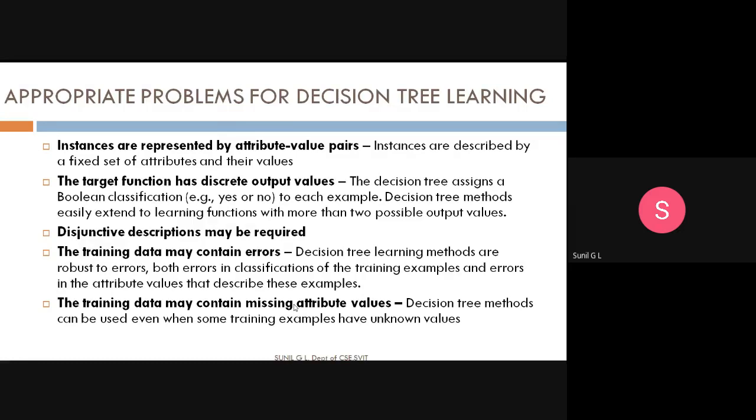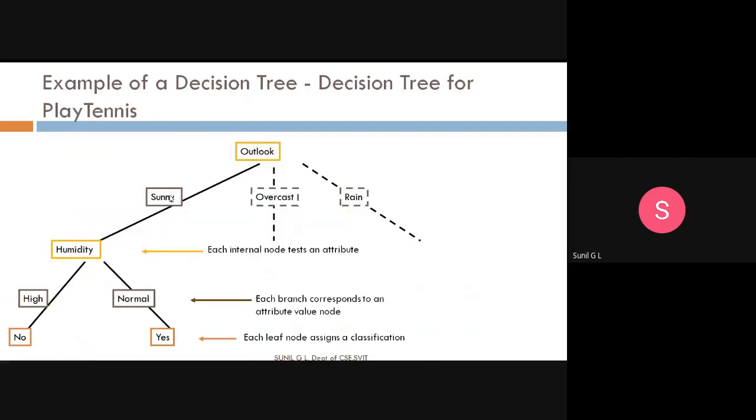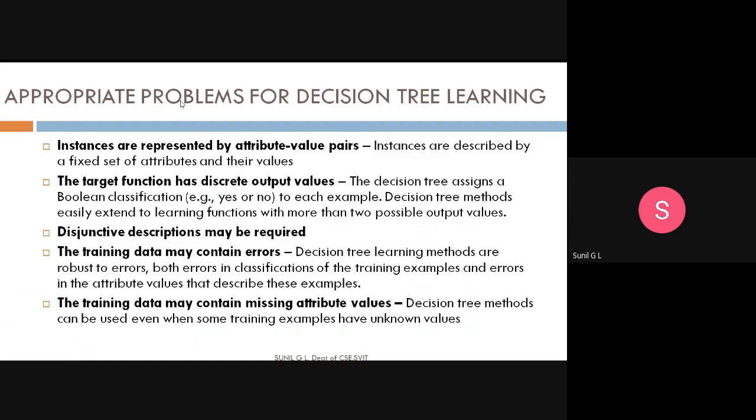For example, for Outlook we have sunny, overcast, rain. If we have 20 values, what can we do? It will be very difficult. Here we have three values, so you can do it easily. That is one appropriate problem.